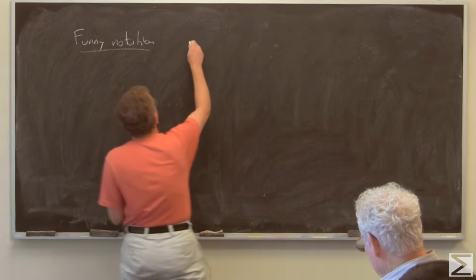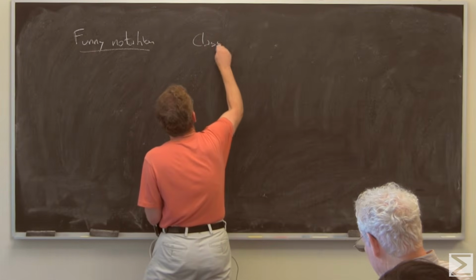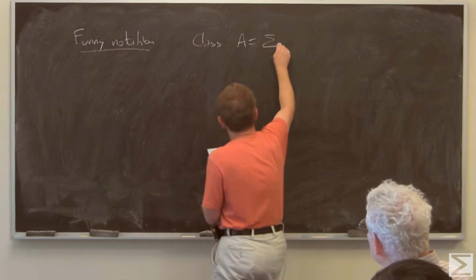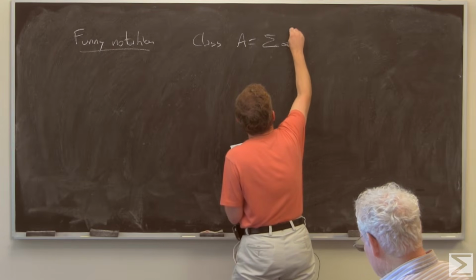So here I'm given a class, call it A, and I write it in terms of its components.